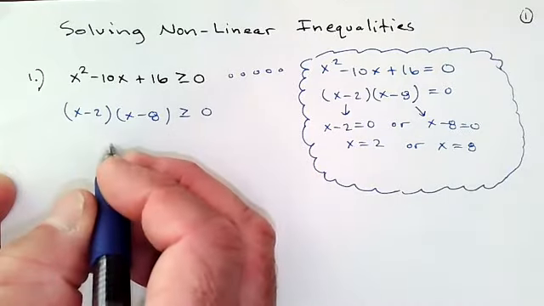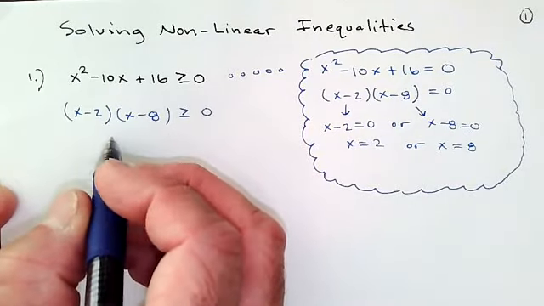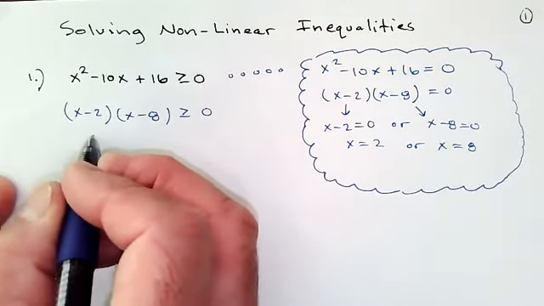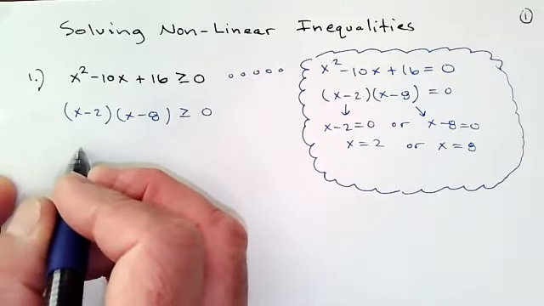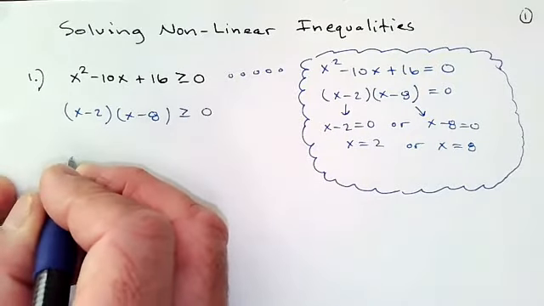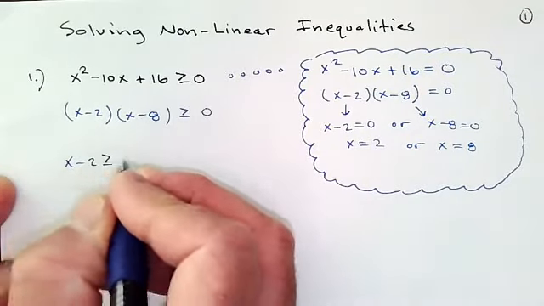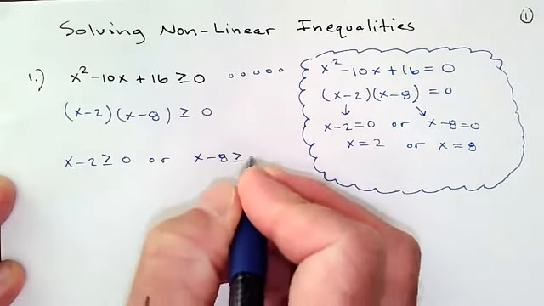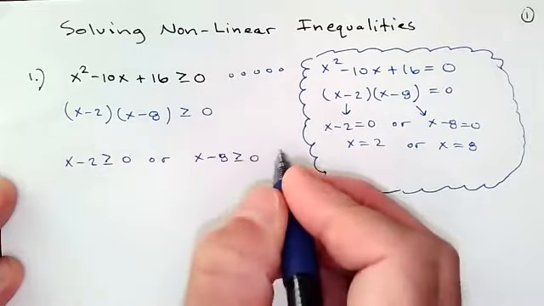If you're taking notes on watching this video, perhaps don't write this down, what I'm going to write next, but it seems plausible that if you have x minus 2 times x minus 8 is greater than or equal to 0, it means either x minus 2 is greater than or equal to 0 or x minus 8 is greater than or equal to 0, right? I'm going to put a question mark.